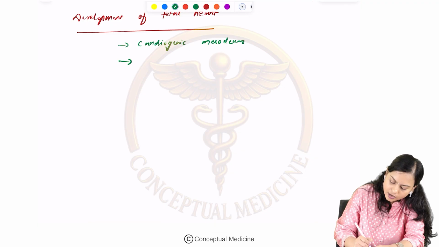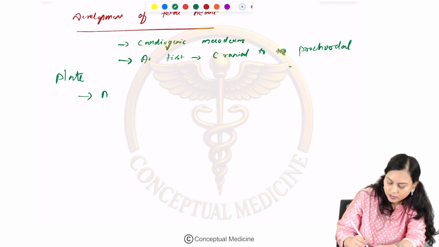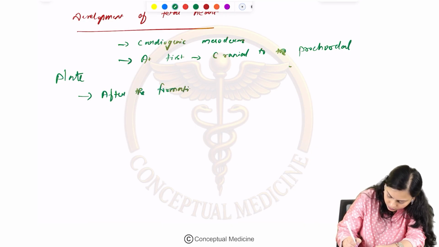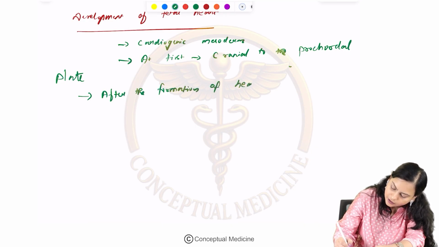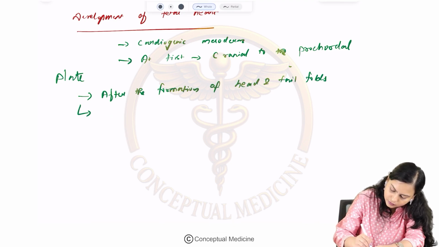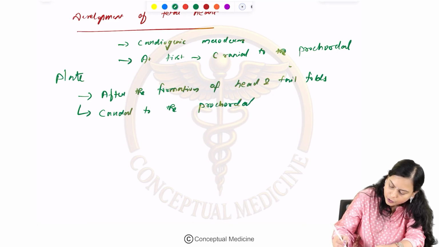This region, at first, is seen cranial to the prechordal plate, but after the formation of head and tail folds, this becomes caudal to the prechordal plate.